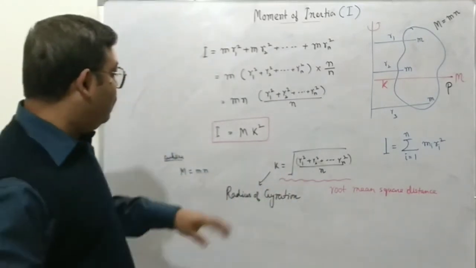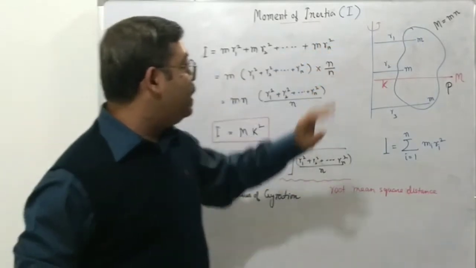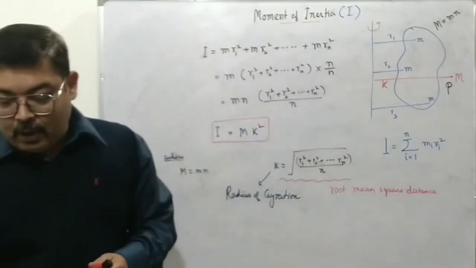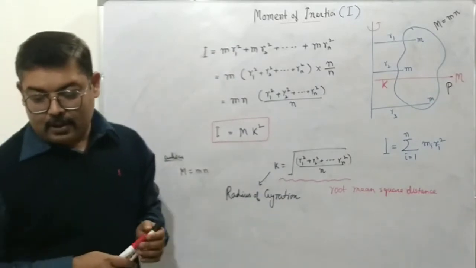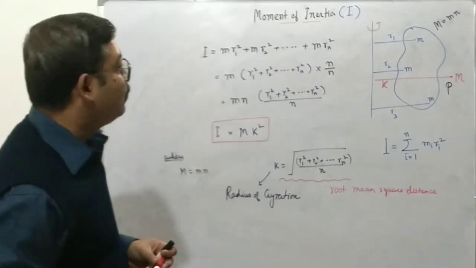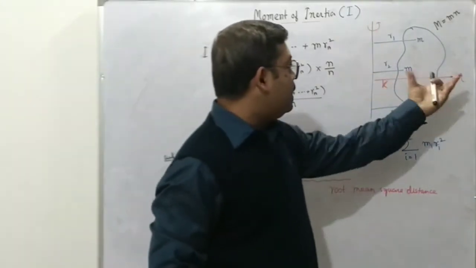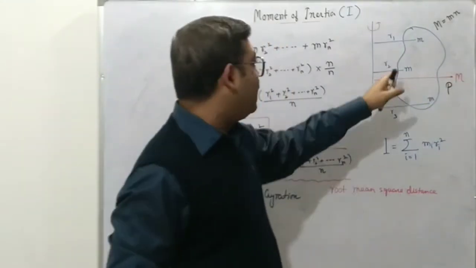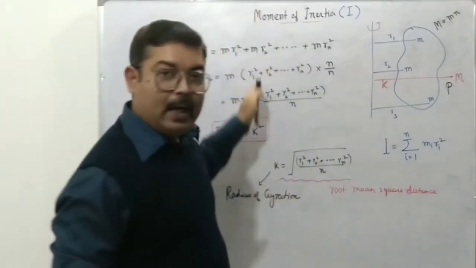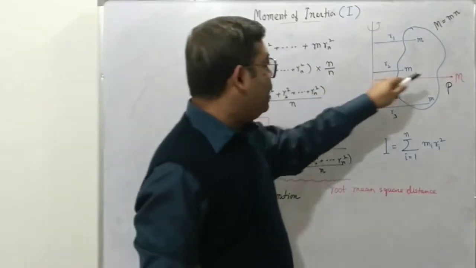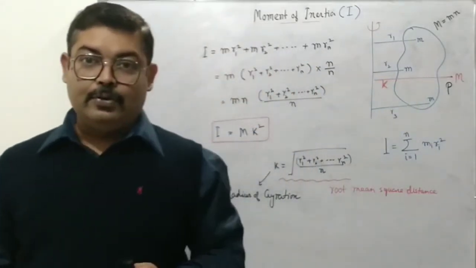Now, as the moment of inertia depends on the mass distribution and the axis, the radius of gyration also depends on the position and orientation of the axis of rotation. So if k is the radius of gyration for this given axis, and the axis was somewhere here, a parallel axis, or if the axis was perpendicular to the board, then the radius of gyration would have different values.